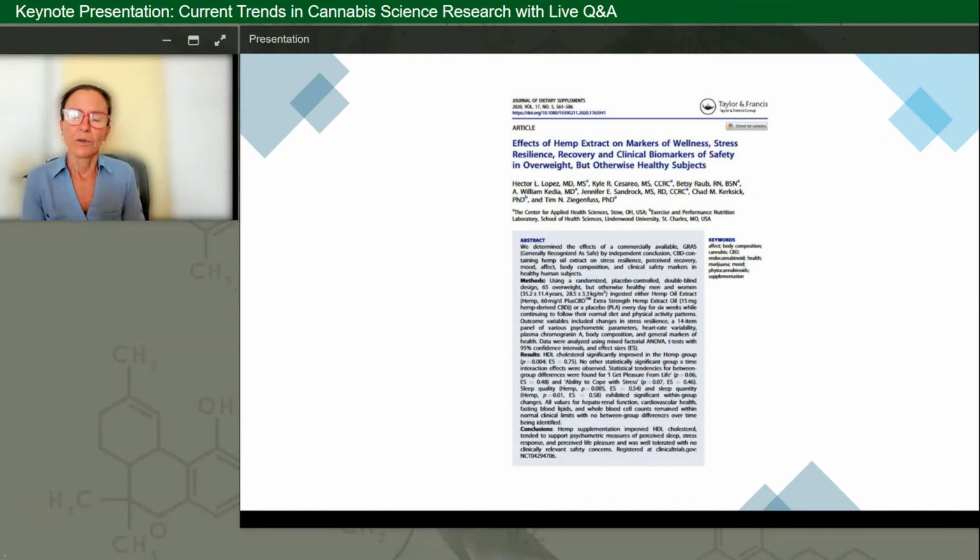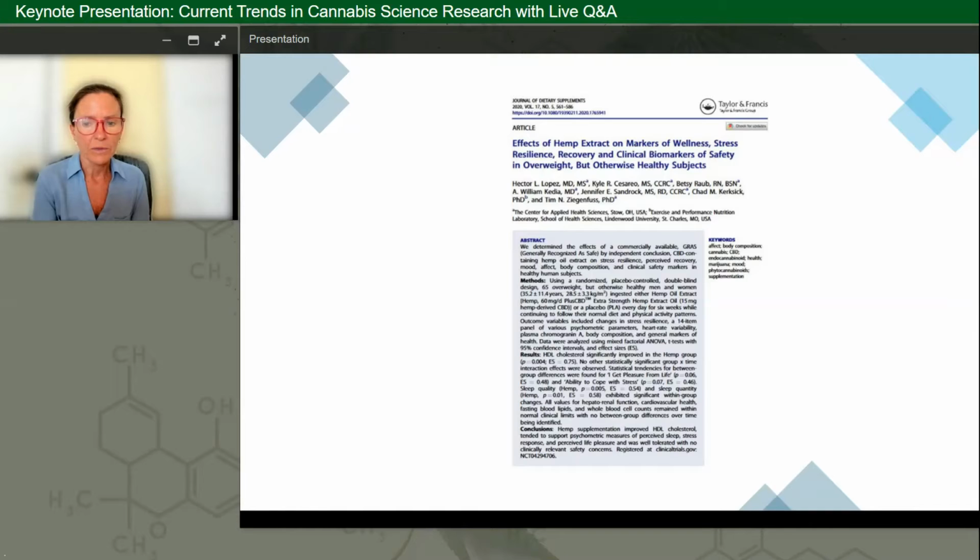So one example of studies advancing the study of cannabinoids, looking at how we can help benefit healthy people. It's not always just people that have a diagnosis. So for example, this study looks at the effects of hemp on markers of wellness, stress, resilience, recovery, and clinical biomarkers of safety in overweight but otherwise healthy subjects. This is a very common sort of study model that we might see in the dietary supplement space using healthy people.